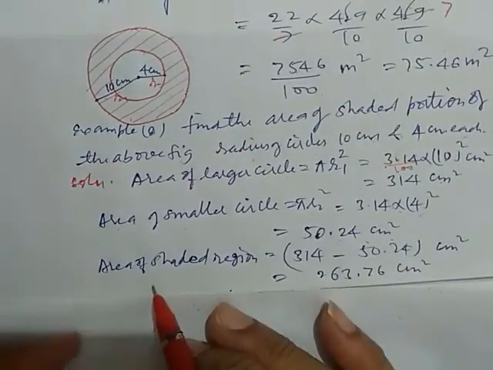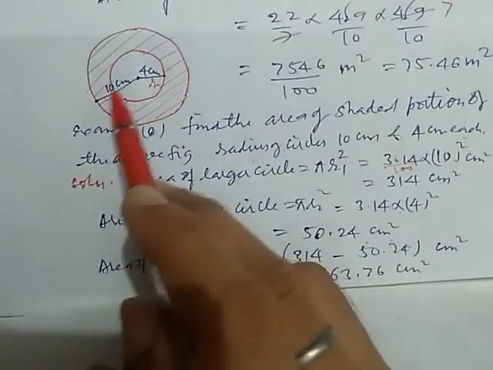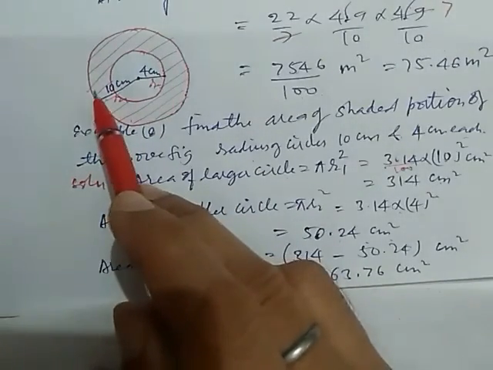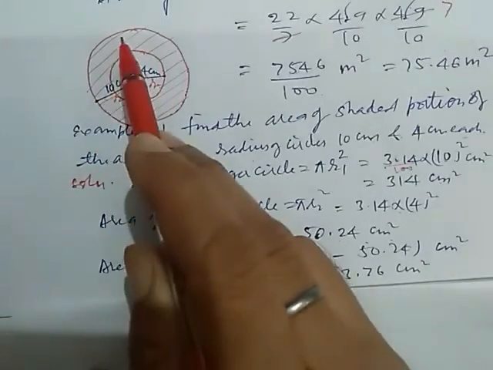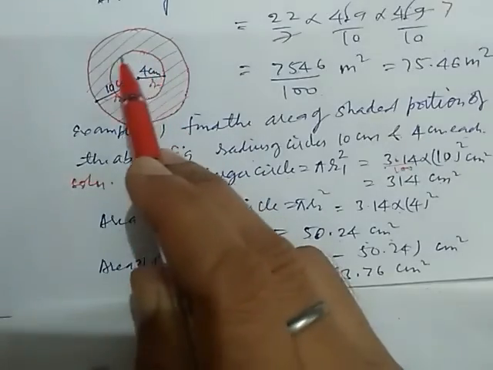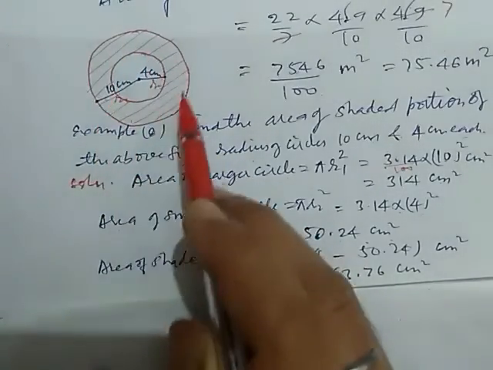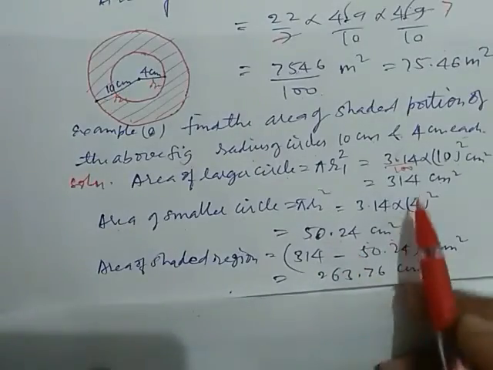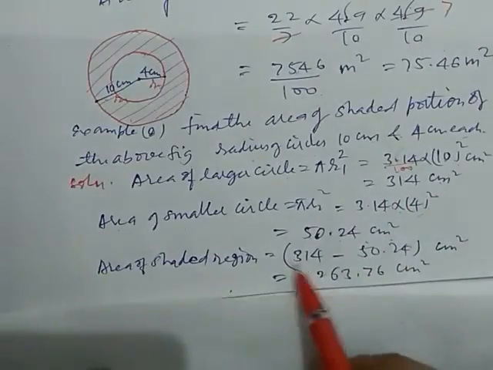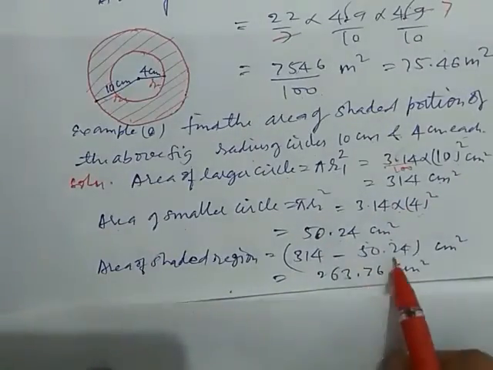So for the area of the shaded region, we subtract the area of the smaller circle from the area of the larger circle. Here the area of the larger circle is 314 and the area of the smaller circle is 50.24.